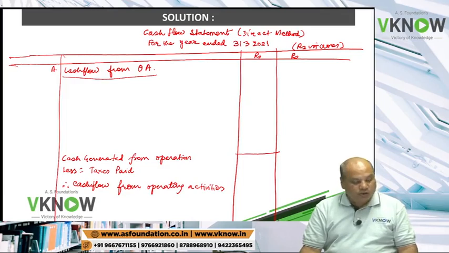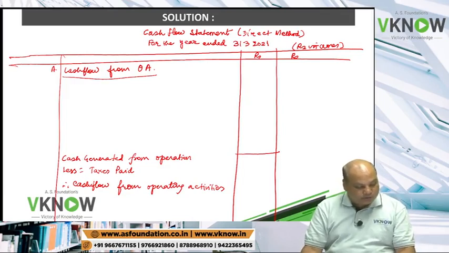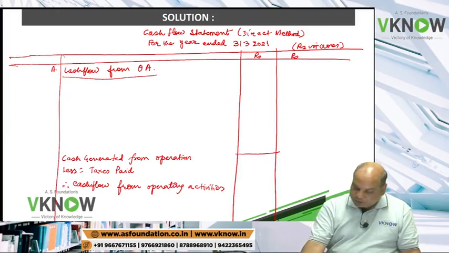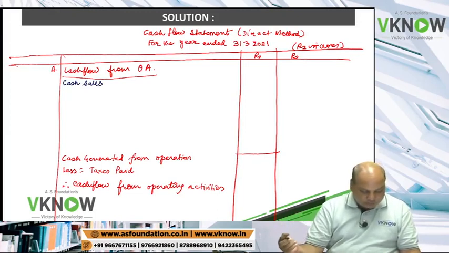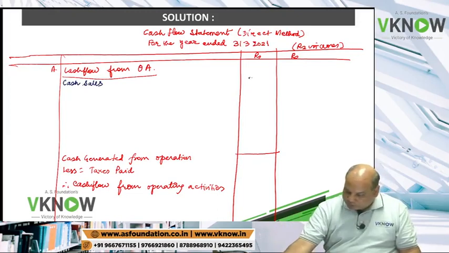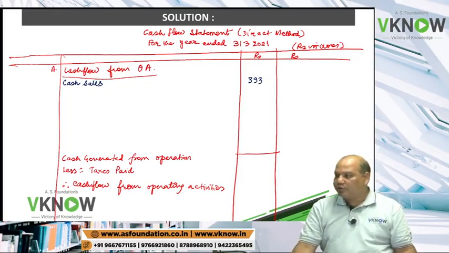Total sales for the year were 597 crore, out of which cash sales amounted to 393 crore. So in operating activity, you write down cash sales because this is a cash inflow, a positive number, 393.